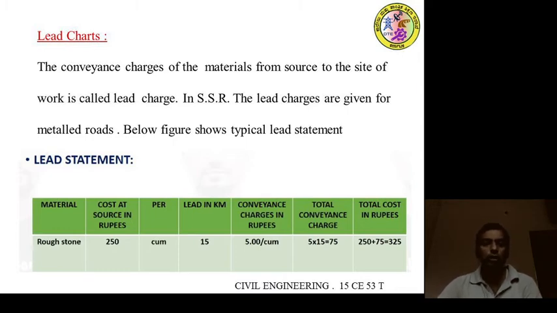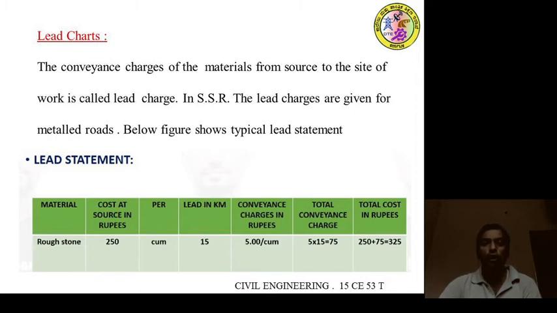Then you have to calculate the conveyance charges in rupees. It is already given as 5 rupees per cubic meter. Total conveyance charge is equal to 5 into 15. That is, 1 kilometer conveyance charge is 5 rupees, so for the lead of 15 kilometer, 15 into 5 gives 75 rupees.